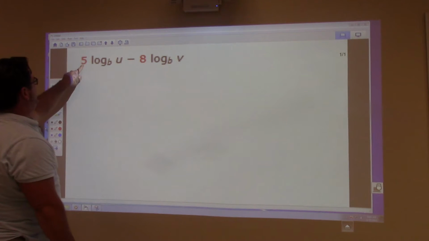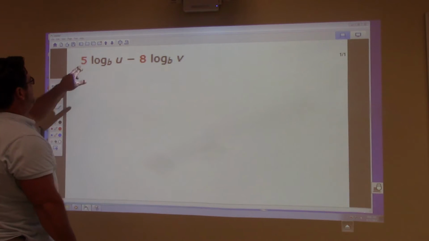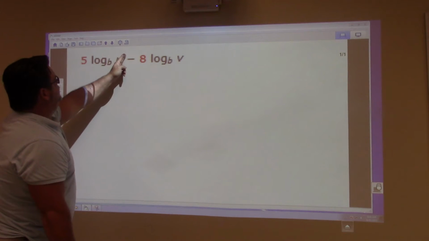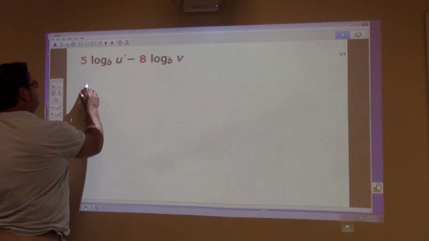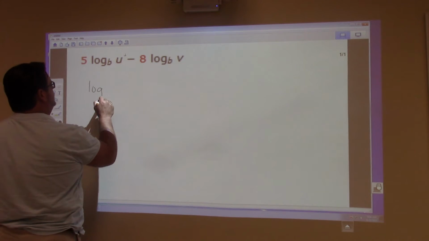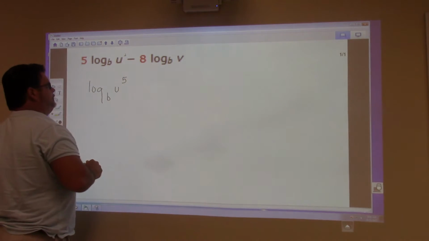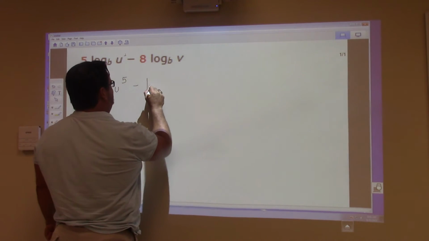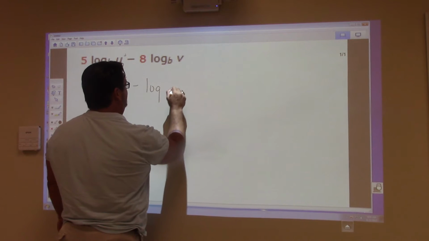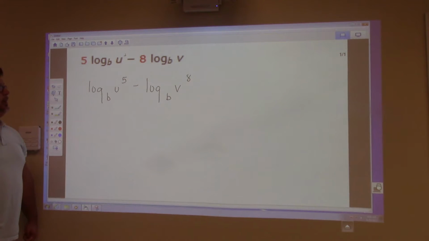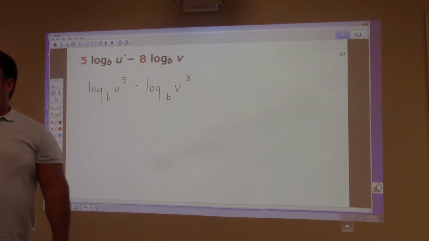Well, that 5 is out front. What can we do with that 5? Move it up there. So, using what rule? Power rule, Hubert. That's right, class. Okay, that's using the power rule.